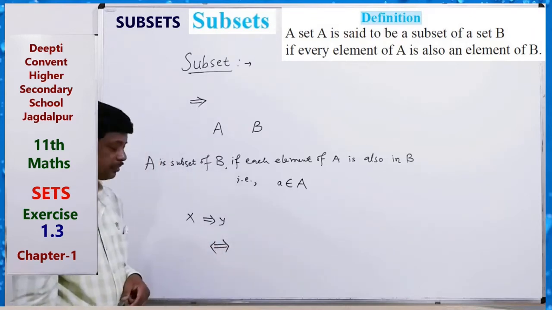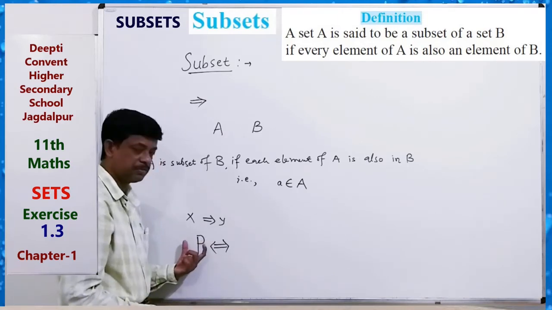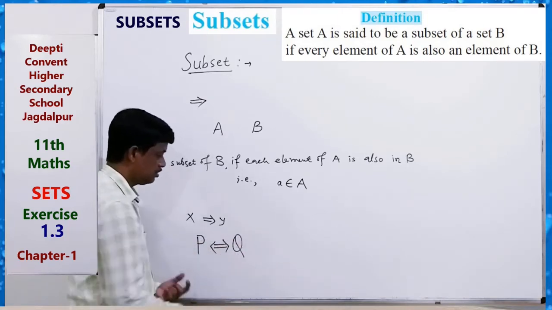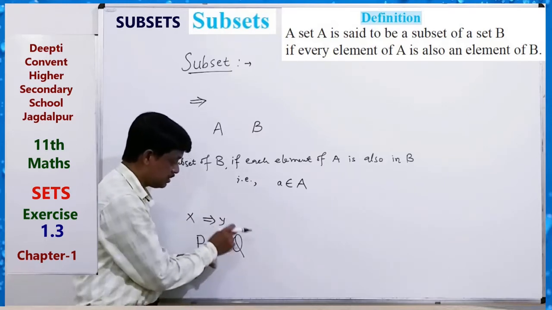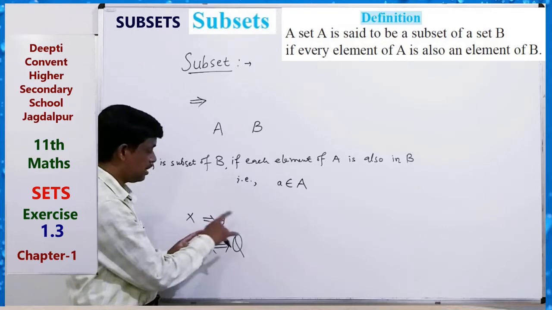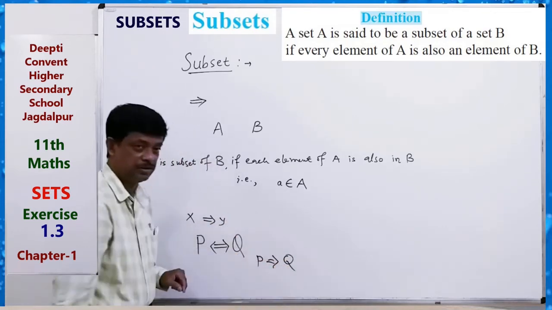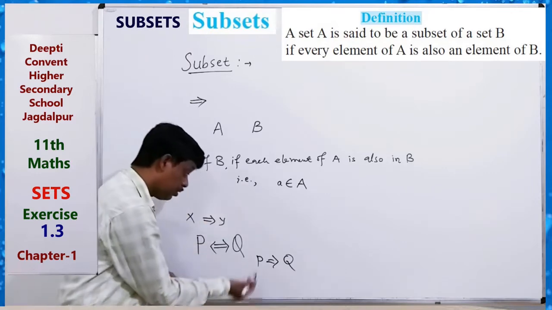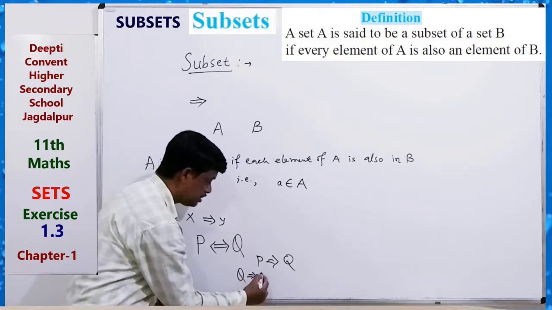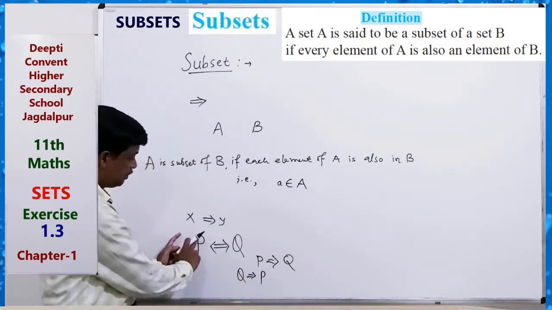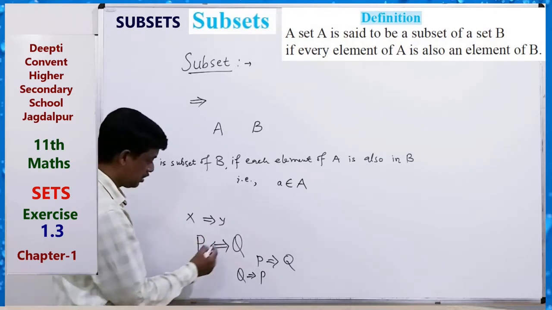This. That is, suppose P is some condition, and Q is some condition. If P implies Q, and also if Q implies P, that means P implies Q and Q implies P, so both-way implication. So we can write like this.